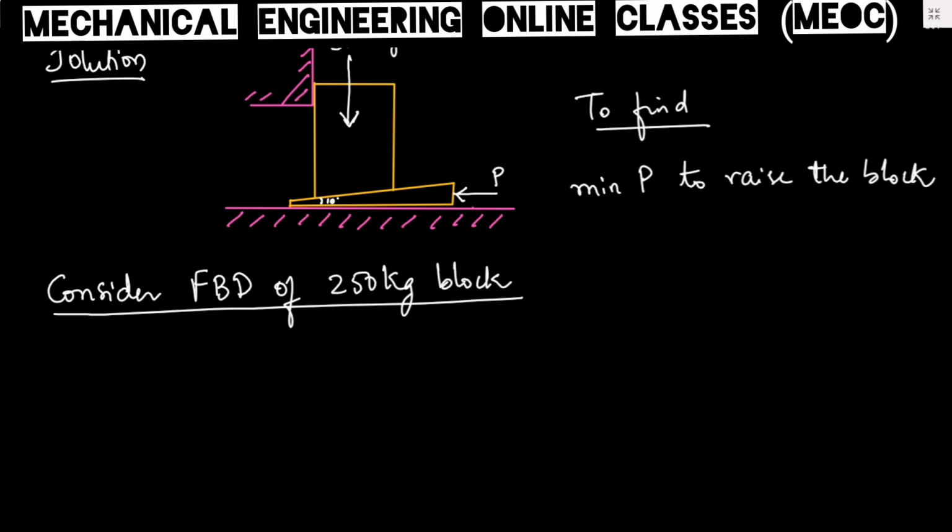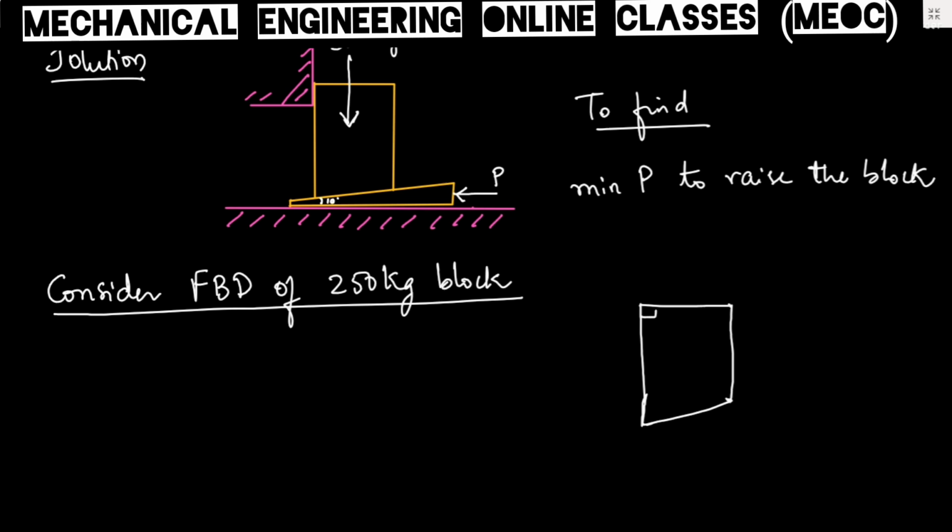As the first step, let us consider the free body diagram of the 250 kg block. And as already discussed in the FBD video lecture, the block that we are drawing should be of the same shape and size as given. Here it is not a rectangular block, it is slightly inclined on one side.